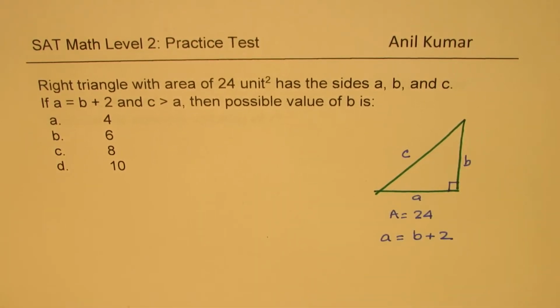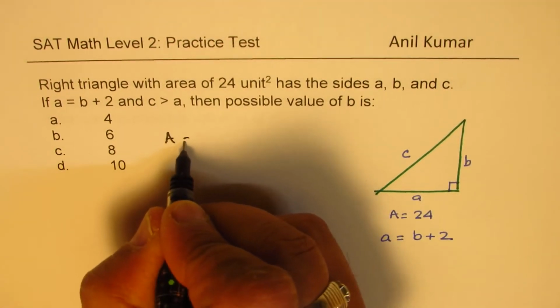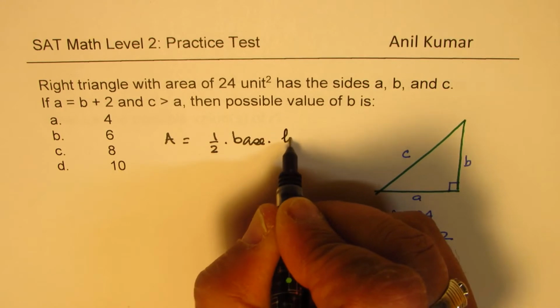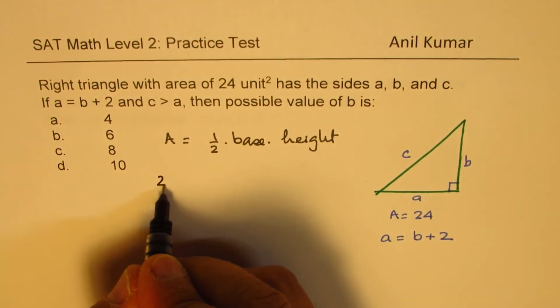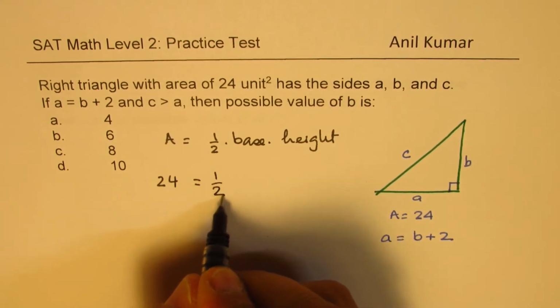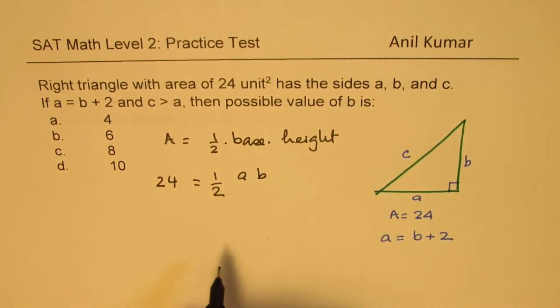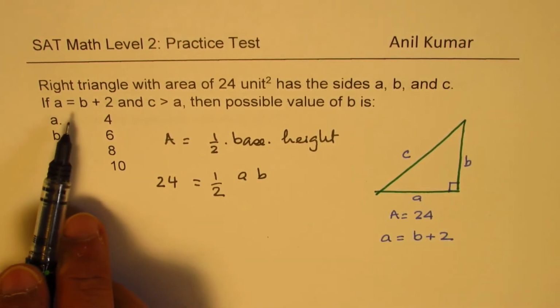Well, clearly from the given right triangle, we know area is half base into height, correct? So area is 24. So 24 is equal to half of base is A and height is B for us. We want to find possible value of B. We also know that A is B plus 2.